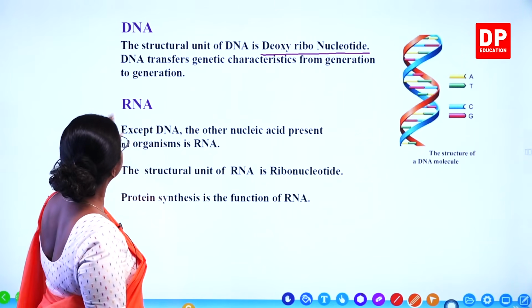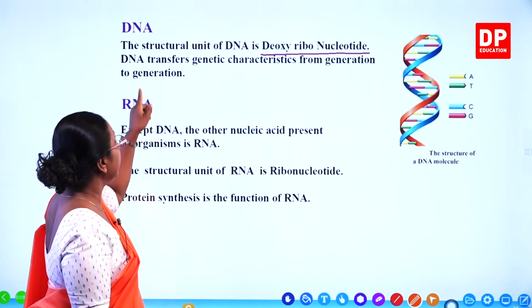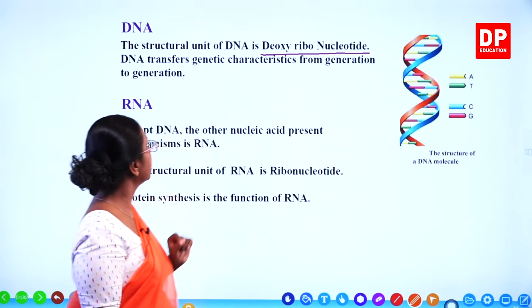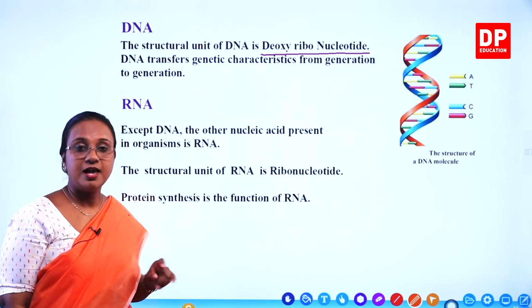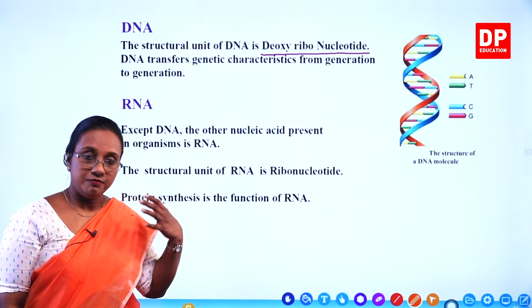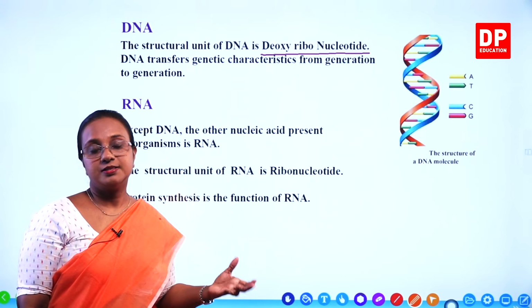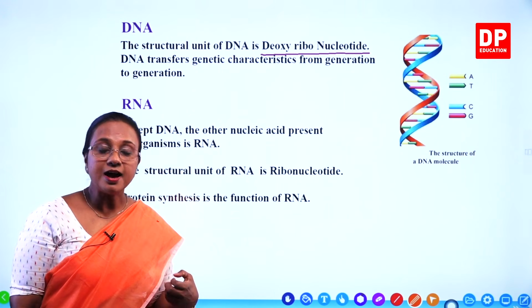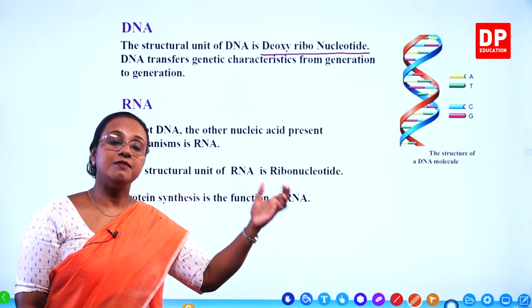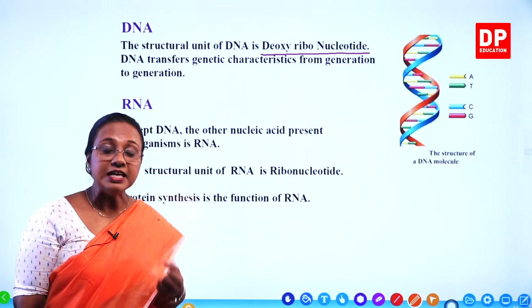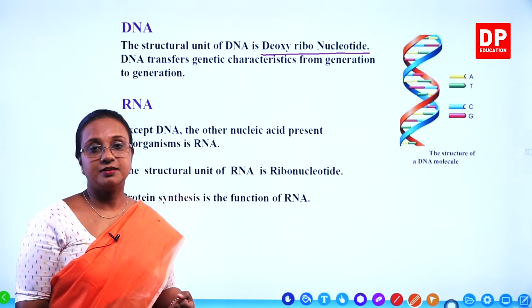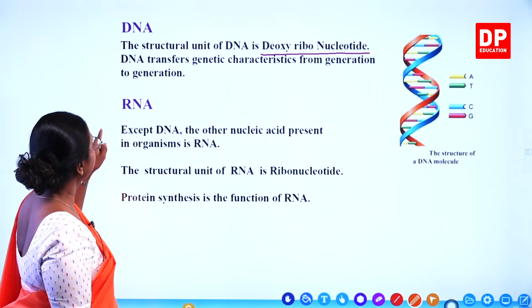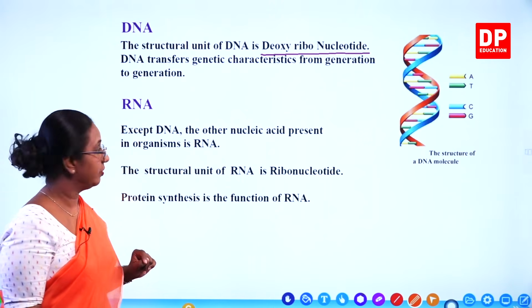And the importance of this DNA molecule is to transfer genetic characteristics from generation to generation. As I explained before, we and all the other organisms, man and animals, plants, all the organisms get their characteristics from the previous generation. And the information regarding characteristics is stored in DNA. The second type is the RNA molecule.